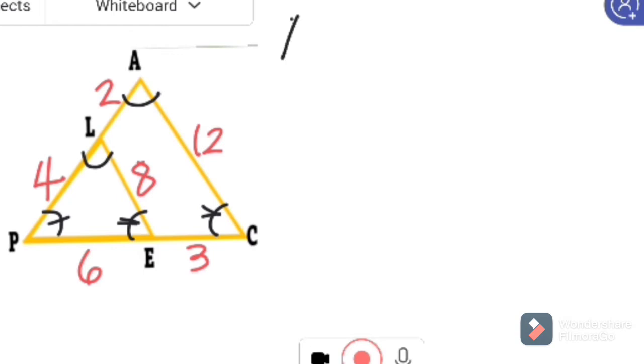Now we have the two triangles again, triangle PLE and triangle PAC. This time, we are going to identify if these two triangles are really similar with each other. Again, to be able to say that triangles or figures are similar, all angles must be congruent and all the side lengths are proportional. To do that, let us again identify the corresponding sides.